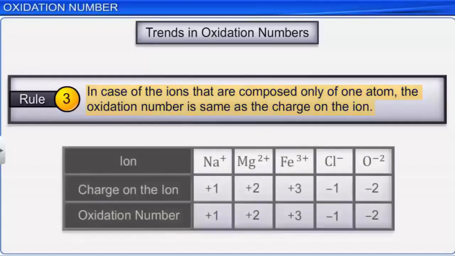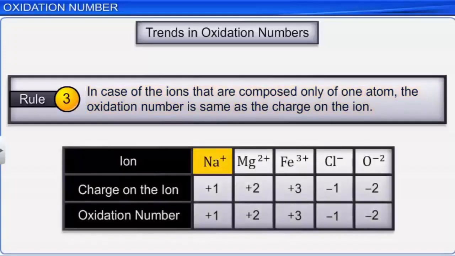For example, the oxidation number of sodium ion is +1, magnesium ion is +2, ferric ion is +3, chloride ion is -1 and oxide ion is -2.